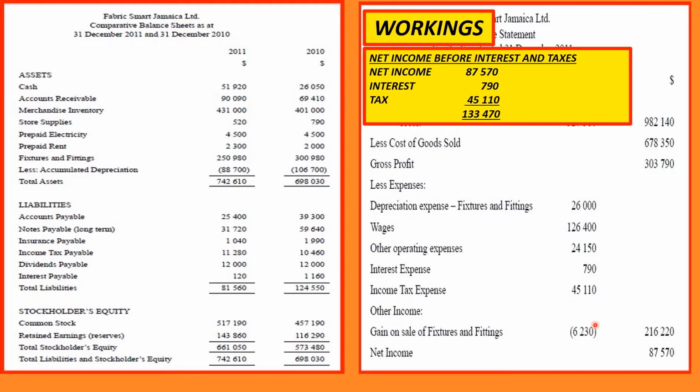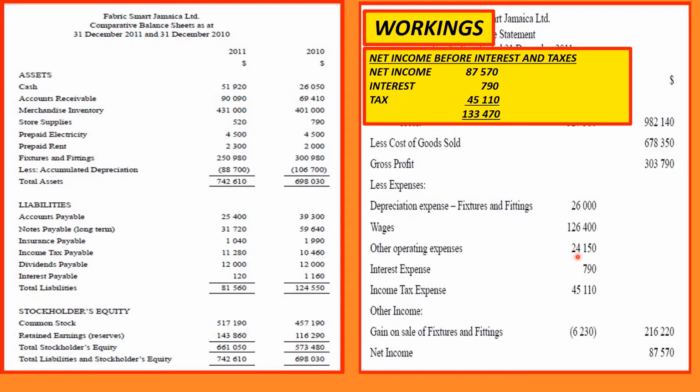What we are given here on the income statement is the net income after the interest and taxes have been taken out. So the reason for this is we want to show these figures as being paid in the cash flow statement. So we have to adjust the net income backward.